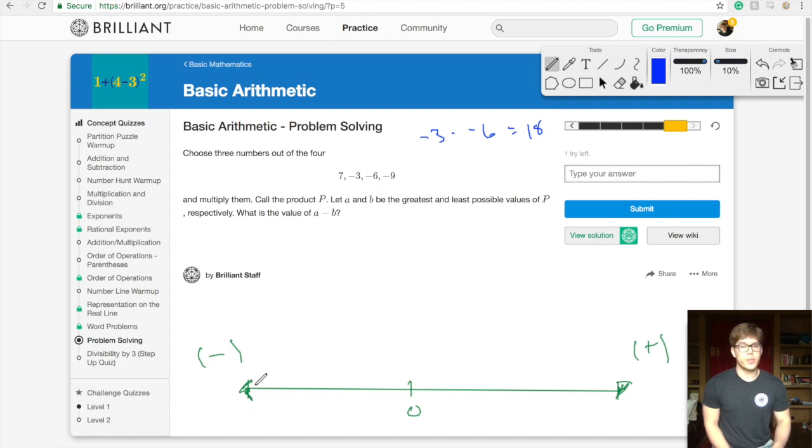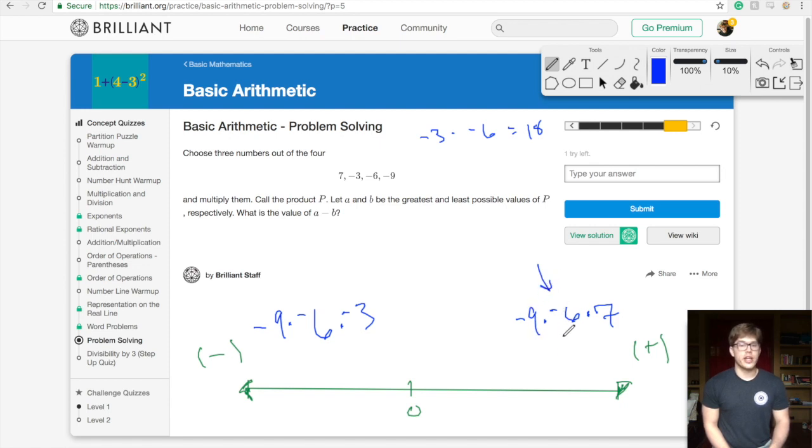So our smallest number is going to be what? It's going to be negative 9 times negative 6 times negative 3, and our largest number is going to be negative 9 times negative 6 times positive 7. And again, this will be a large positive number, as our two negative signs are going to cancel.